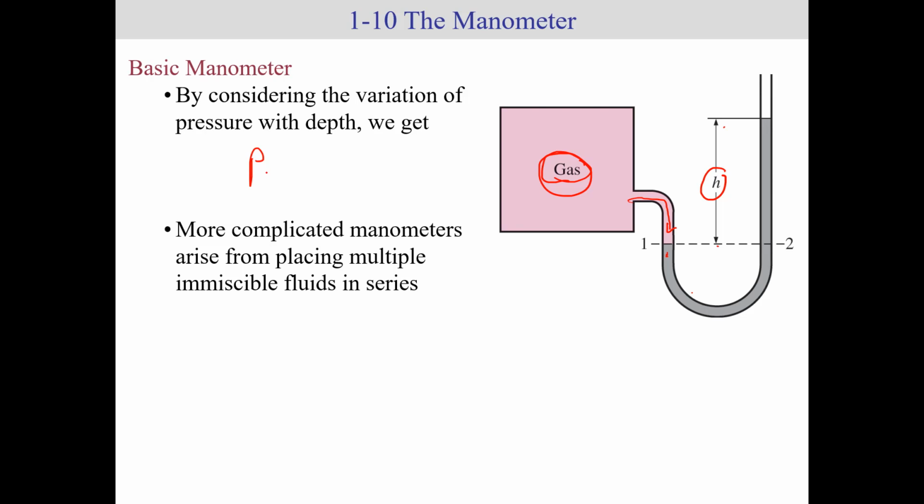So the pressure inside the tank has to equal atmospheric pressure, right? This is atmospheric pressure pushing down here. Pressure inside a tank has to equal atmospheric pressure plus the pressure caused by the height of this fluid. And sometimes there's more complicated manometers that have several fluids one after another, but this is the basic premise on how it works.